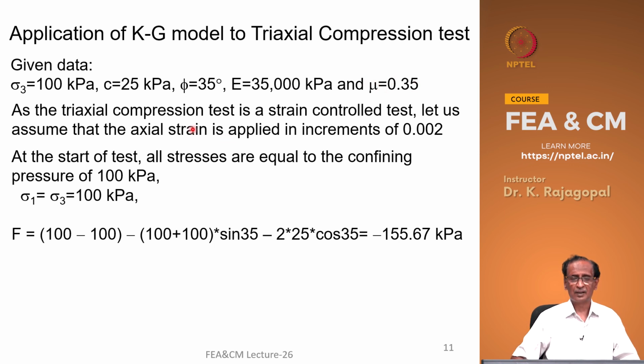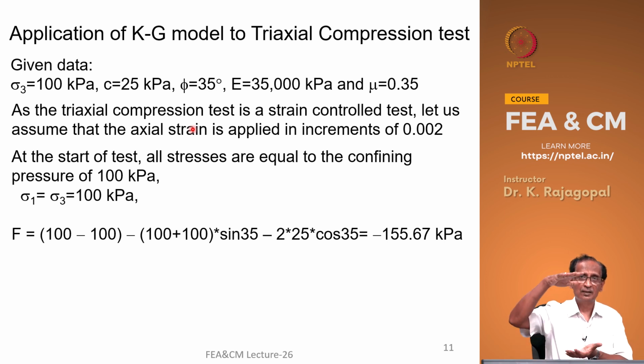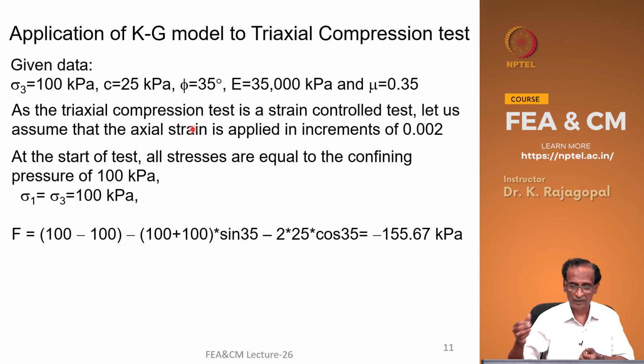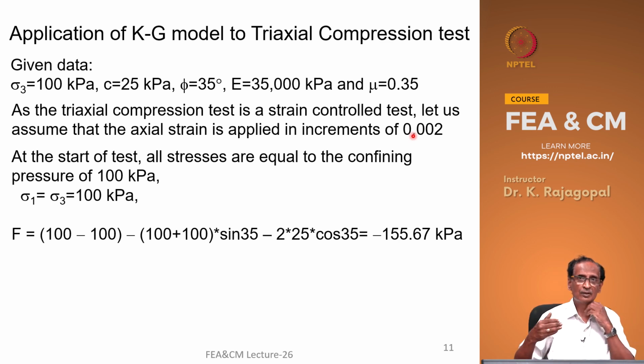Our triaxial compression test is a strain control test. We are applying some strain and then measuring the reaction force through our proving ring. Okay. Let us say that we are applying axial strain in increments of 0.002. It could be anything, I am just applying some reasonable value, so that within a short number of cycles we can complete the analysis.